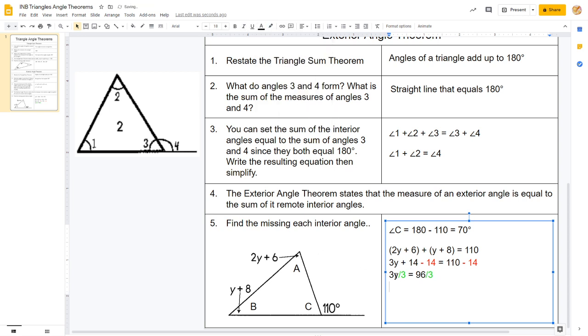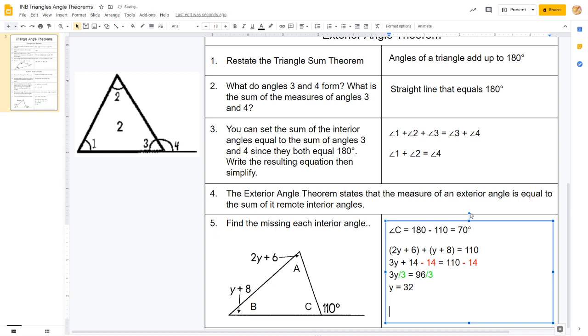Okay, so 3 divided by 3 is 1, so I'm left with just y basically, 1y. And 96 divided by 3, 3 goes into 9 3 times and into 6 2 times. So I know y equals 32.